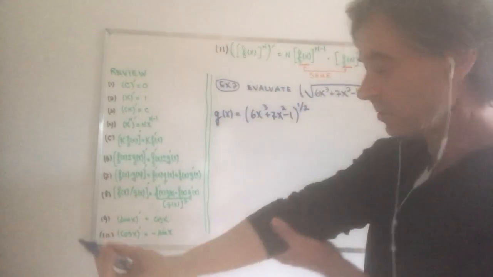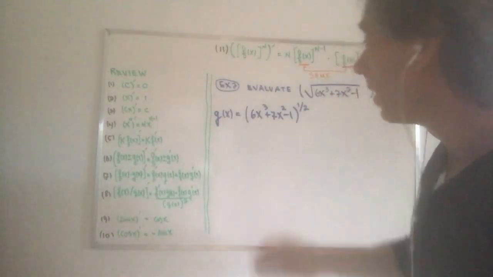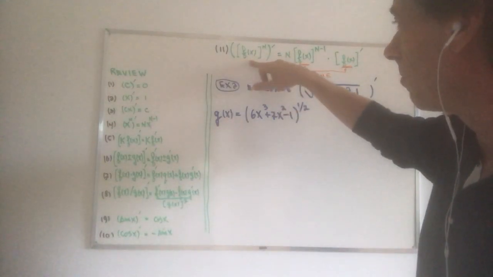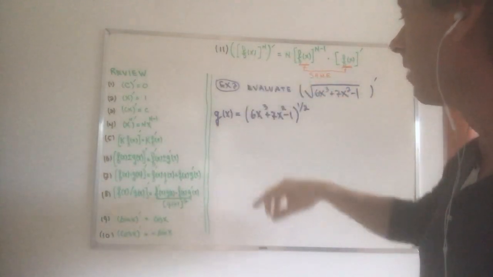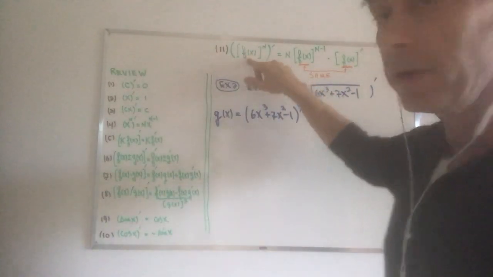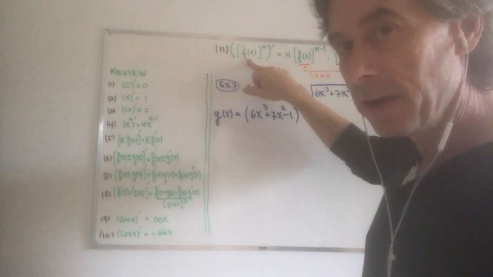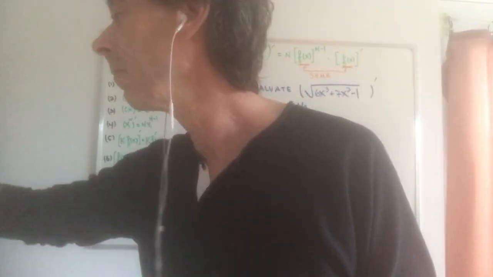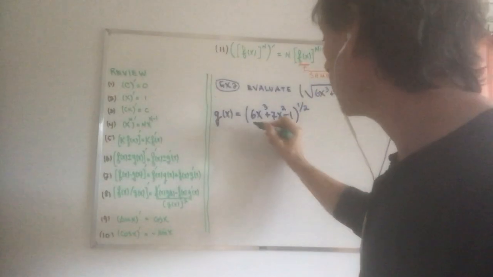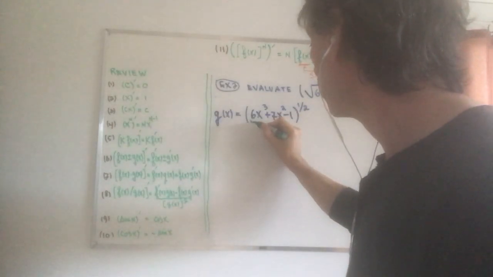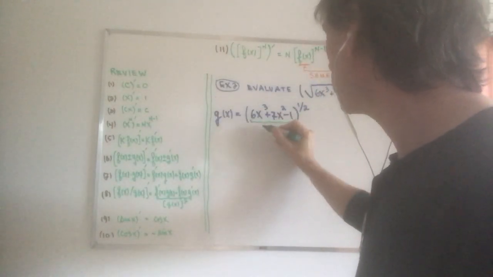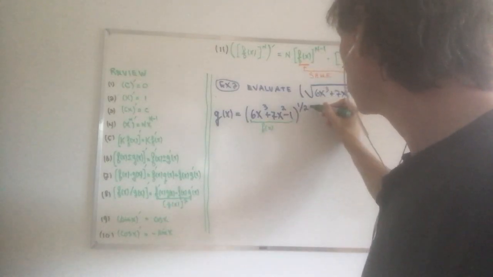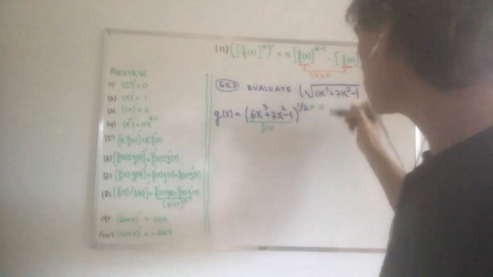Okay, let's call that g of x. Why? I want to make a comparison between what we have and the formula above in rule number 11. In rule number 11, we have f of x to the n. We do have f of x to the n here as well, don't we? This is f of x, and this is n.